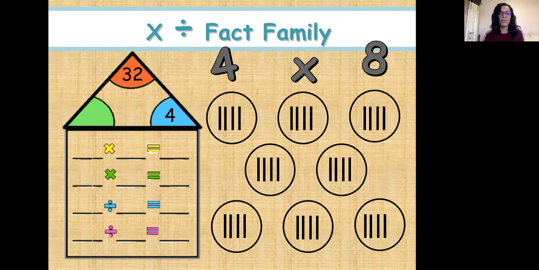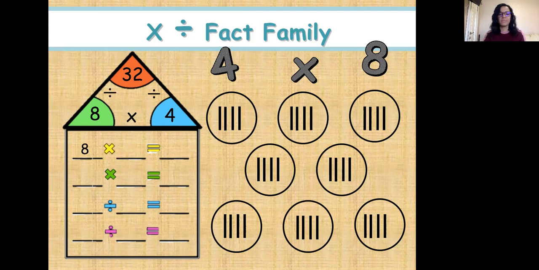Which means that I can put the 4 and the 8 here. Can I switch those? Yes. But the 32 needs to stay there always, okay? 4 times 8 equals 32, or 8 times 4 equals 32. 32 divided by 4 equals 8, or 32 divided by 8 equals 4, okay?